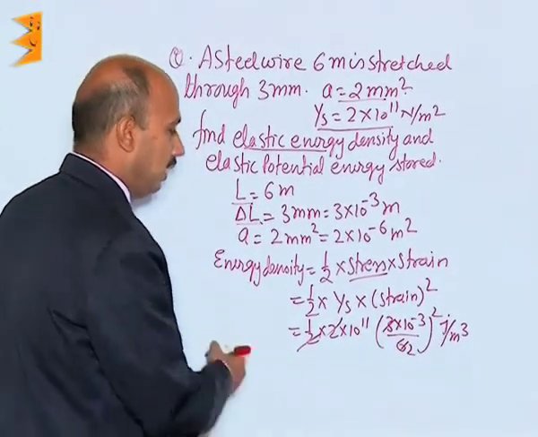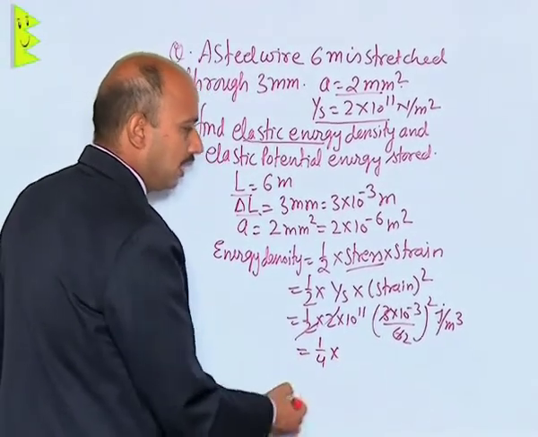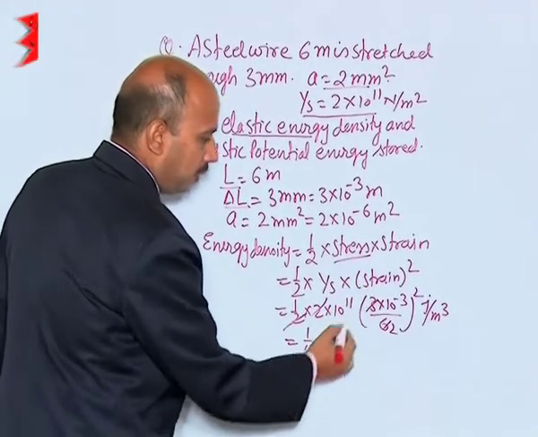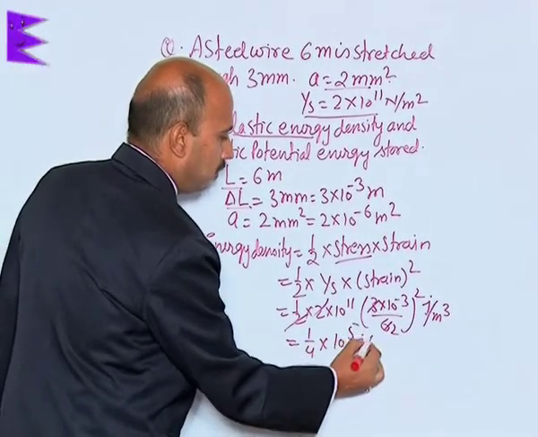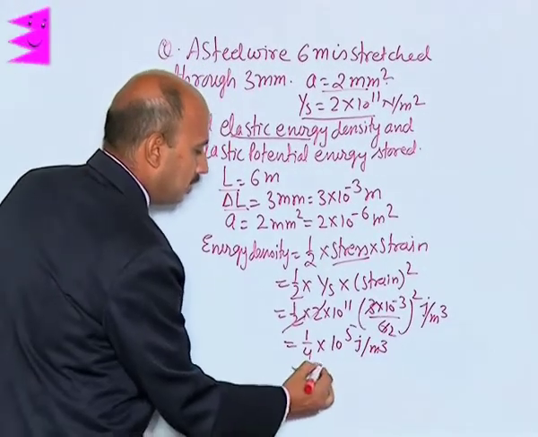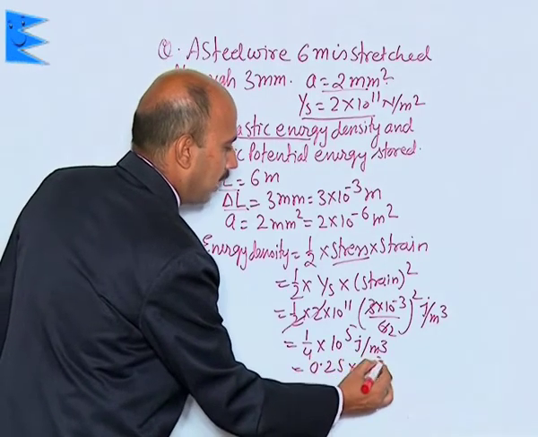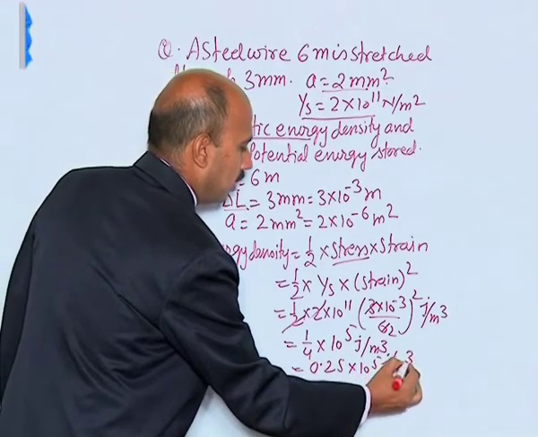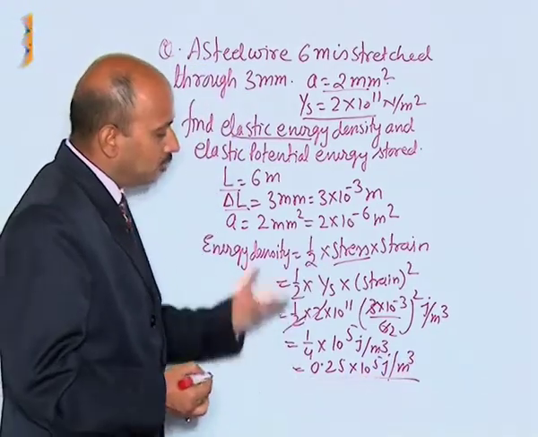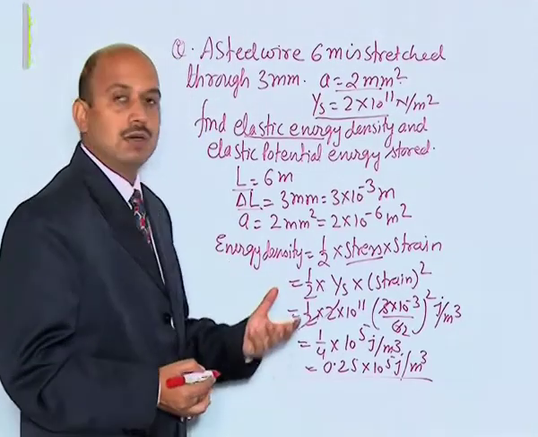So, we will be getting 1 upon 4 into 10 raised to power 5 joule per meter cube, and that you will be getting 0.25 into 10 raised to power 5 joule per meter cube, and this will be the energy density. That can also be written as 2.5 into 10 raised to power 4 joule per meter cube.